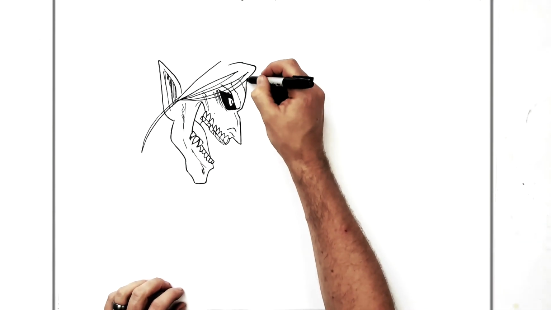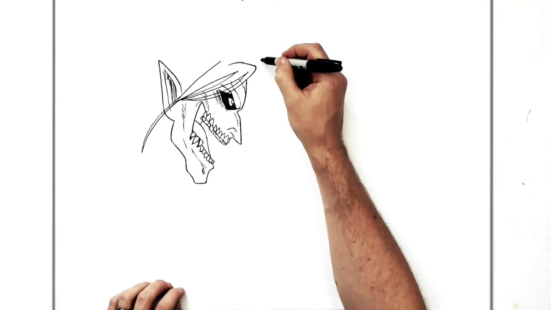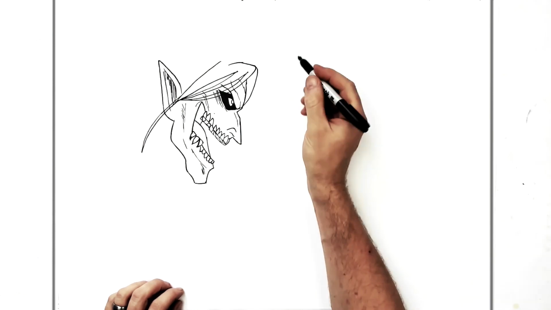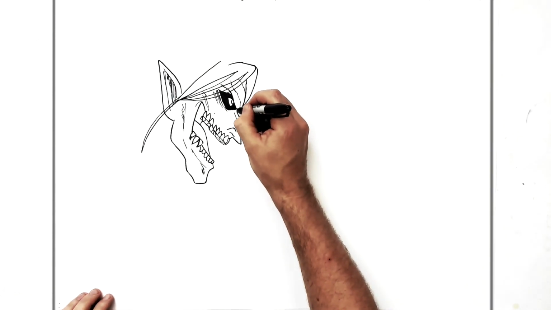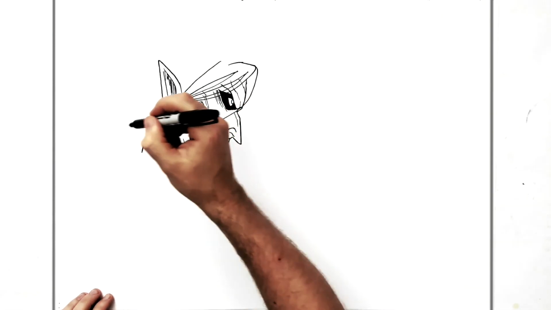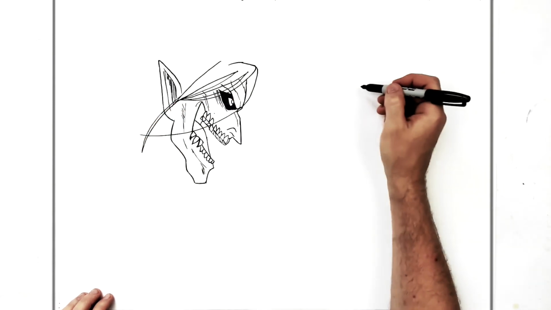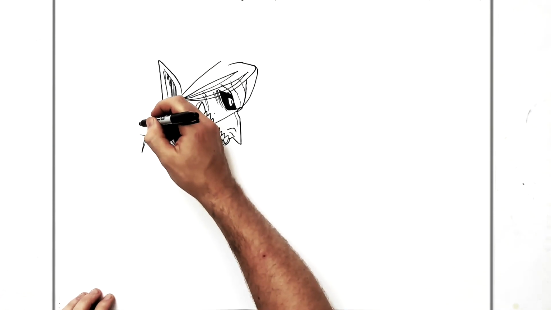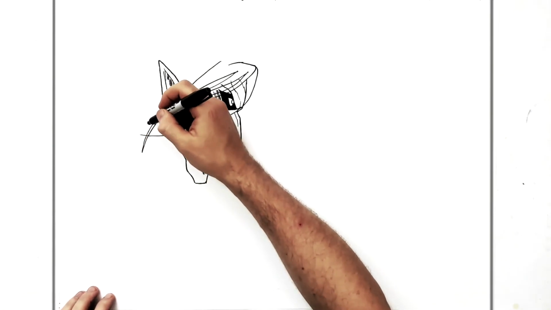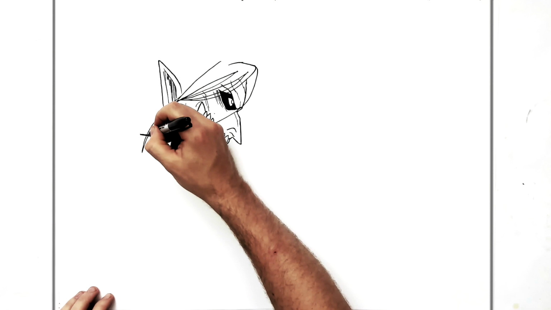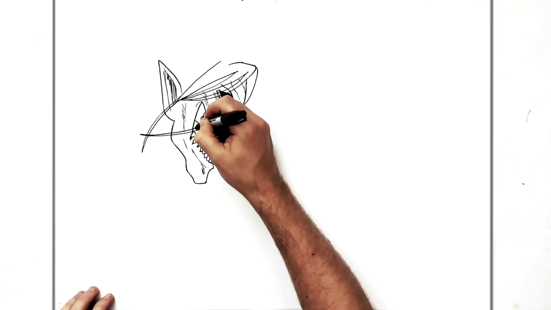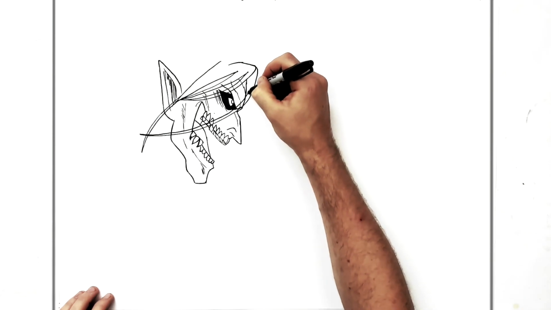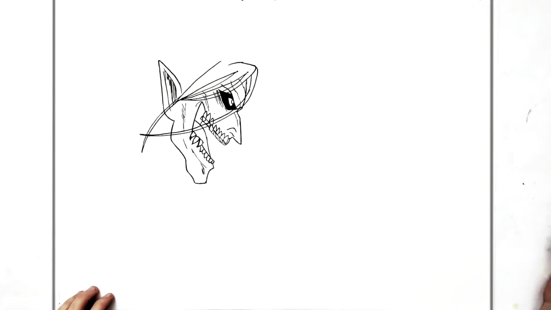So this is his forehead here, and then another real curvy one coming down right across his face. Down this way. And then the inside of it should go back. That.